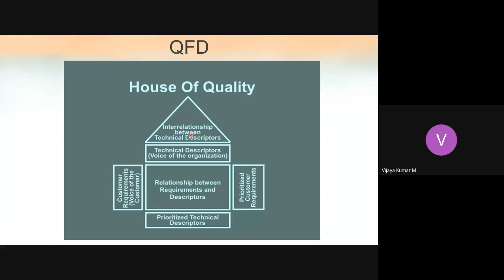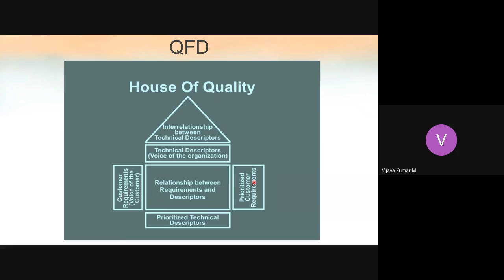You may also find something in the middle, called the relationship between requirements and descriptors. The requirements are the customer requirements and prioritized customer requirements, and there is a relationship between these and the technical descriptors. That relationship matrix you can find in the middle.